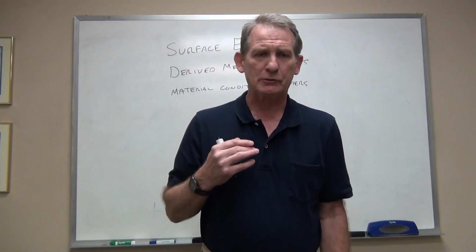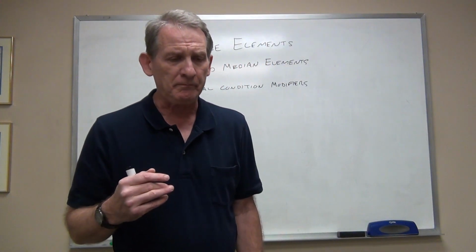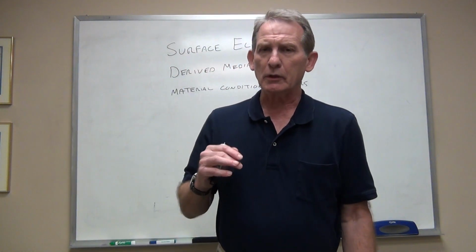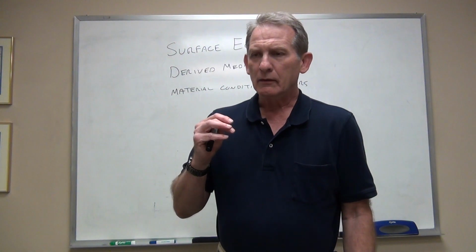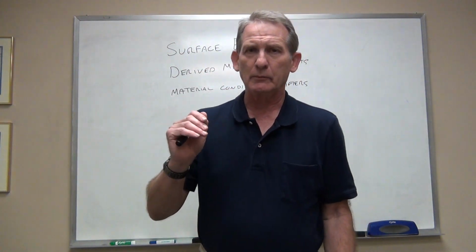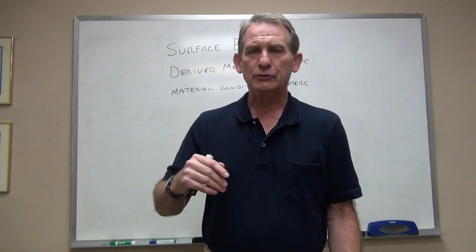We're going to see that distinction between surface elements and derived elements later on in other controls. And the real important thing to carry away from this is that when you make that distinction between a surface element and a derived median element, it often, almost always, has an impact on the nature of the tolerance zone.